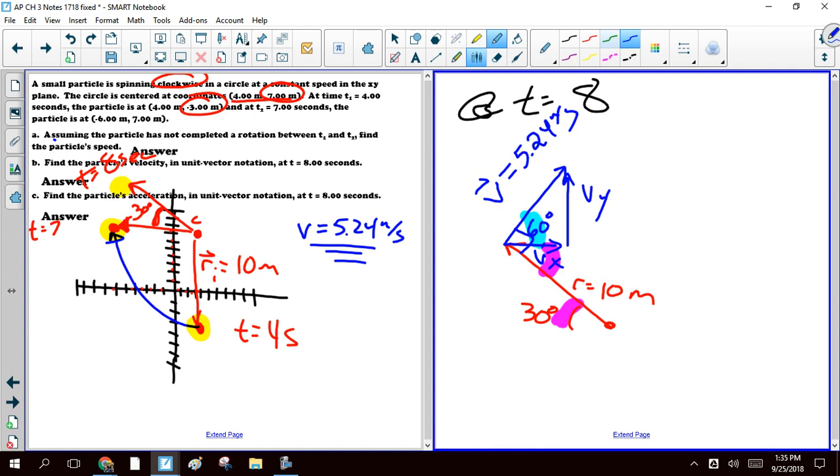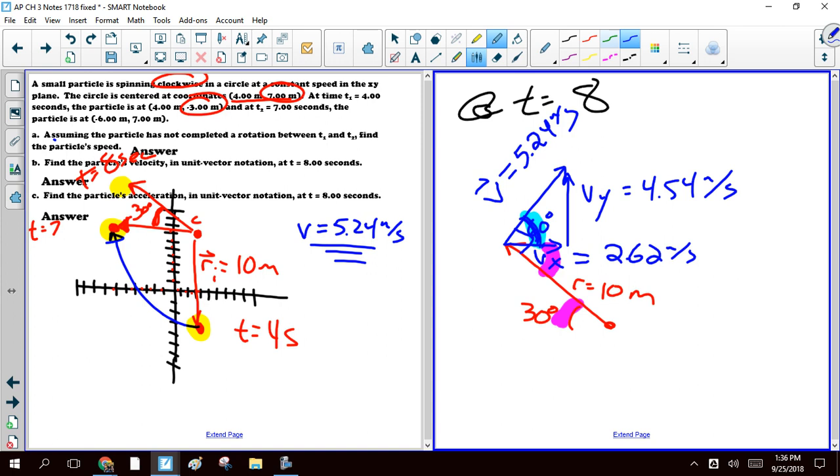So now I can do a little bit of trig and find my Vx and my Vy. Doing that makes my Vx 2.62 meters per second, and my Vy is 4.54 meters a second, just by using a little bit of trig, right? Because I know this angle here is 60 degrees.